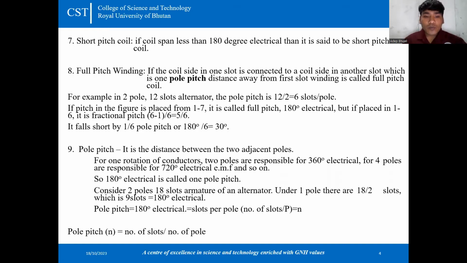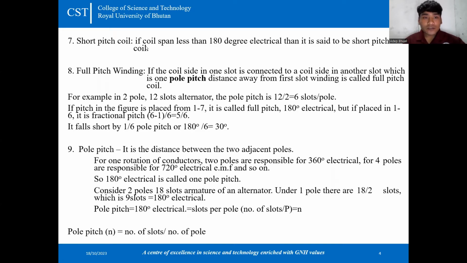To calculate pole pitch, we have the formula number of slots divided by number of poles, and pole pitch is denoted by N. Now, short pitch coil: if the coil span is less than 180 degrees electrical, it is said to be a short pitch coil.